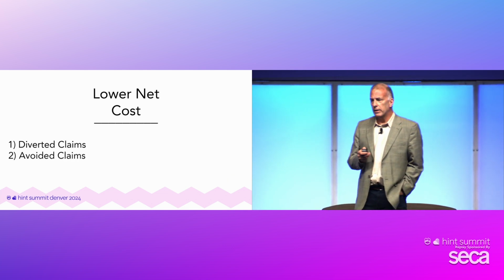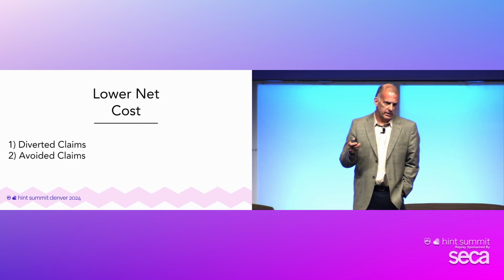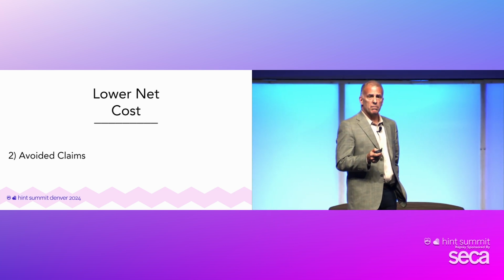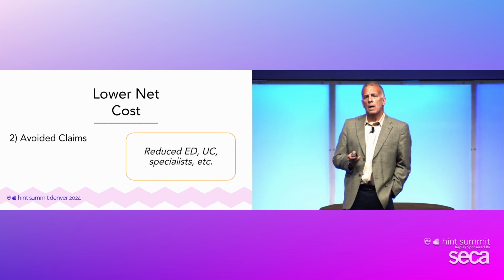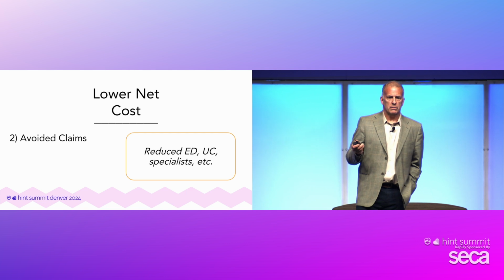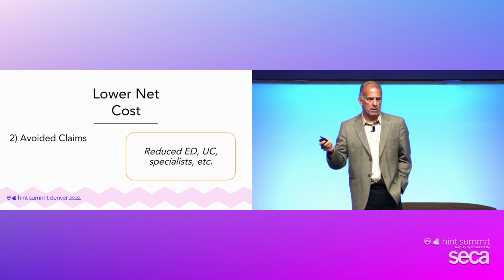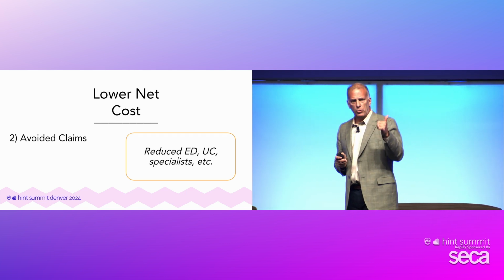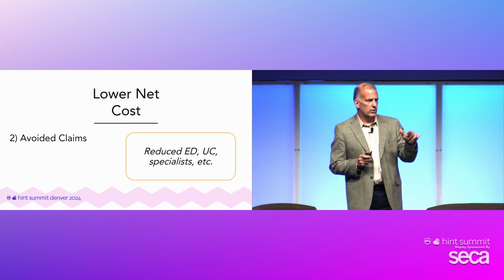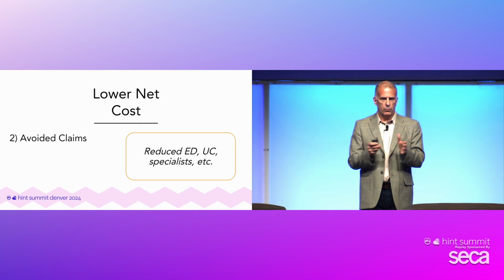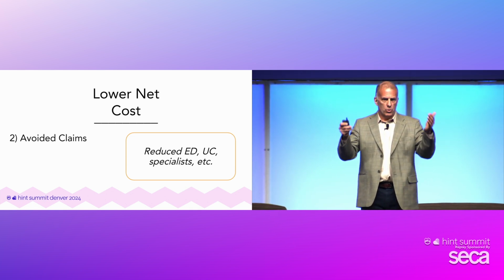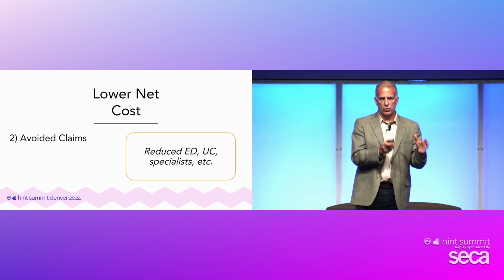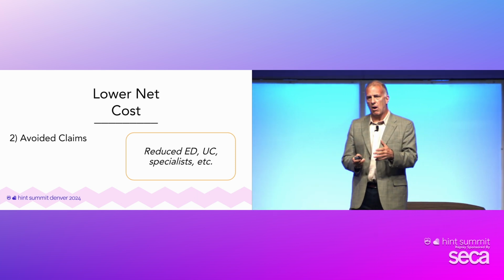Next one is avoided claims. So this is where the model kicks in. This is where you start actually reducing the claims. These are the things that don't happen because you have DPC, right? So reduced emergency room, reduced urgent care, right? Those are functions of the product itself where you have broader access, so you are reducing the usage of those, you're optimizing the site of service, you're bringing them in the office instead of the ER.